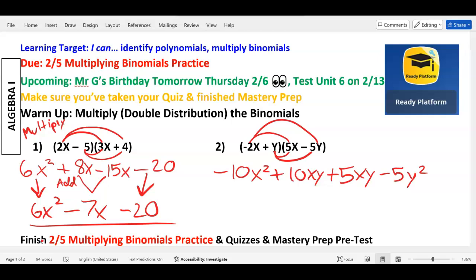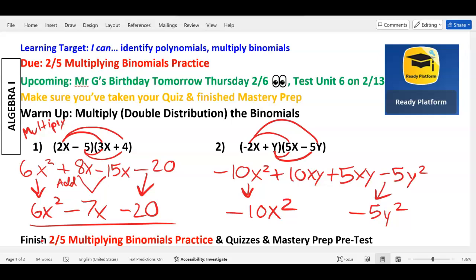Okay? So I got negative 10x squared. That's the only x squared I see, so you bring that down, negative 10x squared. And then the only y squared I see is right here, minus 5y squared. But look at the two middle ones. They're both xy.